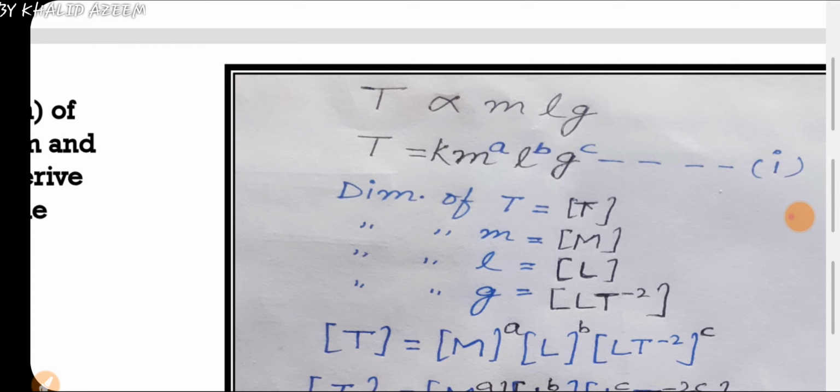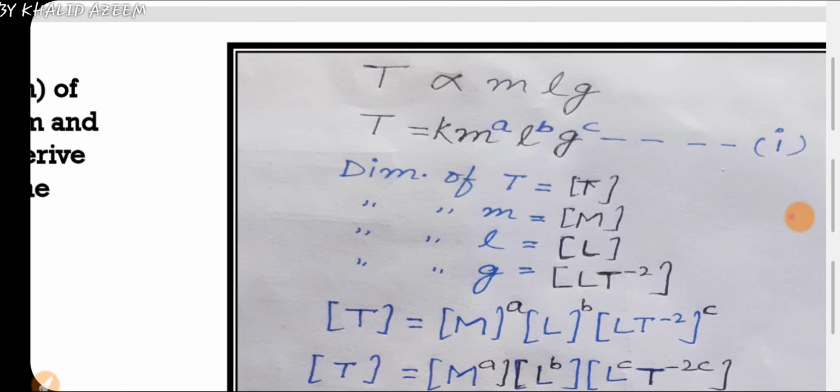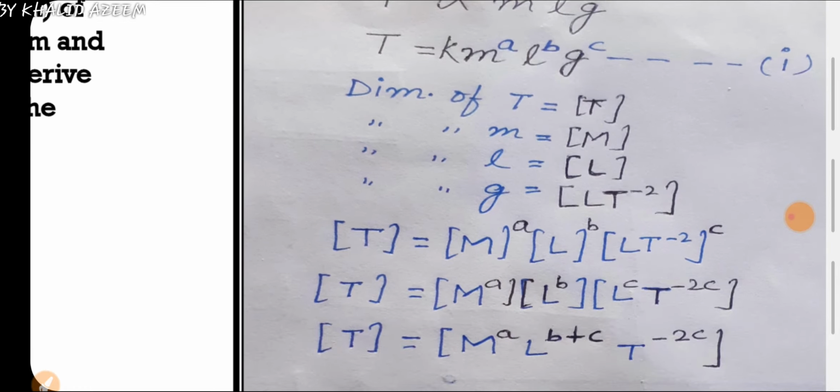Now to remove this proportionality sign, we have to apply a constant. So T will be K, and I am applying the power of these above quantities: m to the power a, L to the power b, and g to the power c. Now I am writing the dimension, as you can see, and put all these dimensions in the first equation.